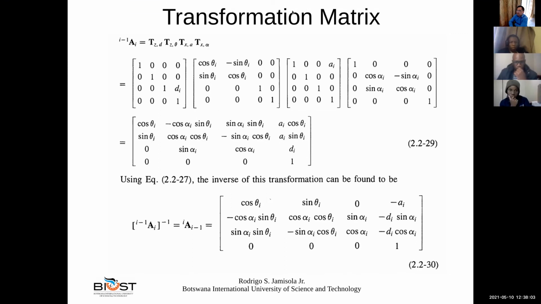Let me just, okay. So this is translation along Z of distance D.